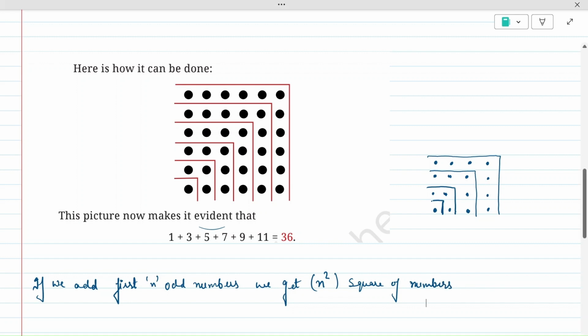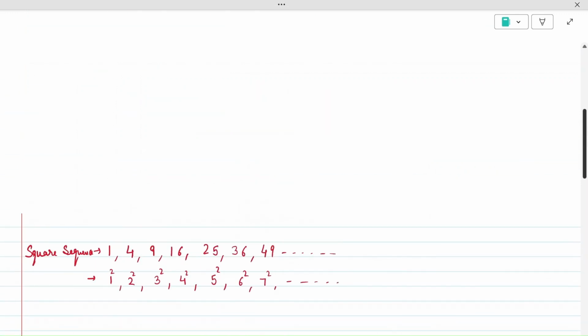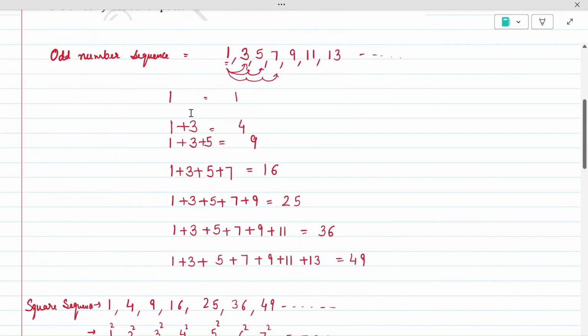See how, again I'm going to this. So when we had 1, it was 1 square. When I took the first two odd numbers, it's a square of 2. When I took the first 3 odd numbers, it's a square of 3. When I took the first 4 odd numbers, it's a square of 4, and so on.